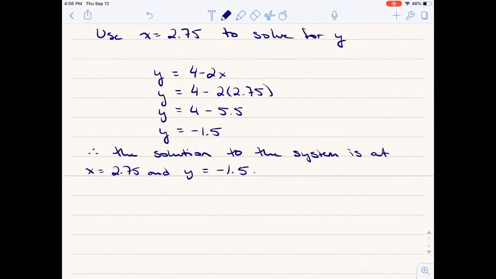Or in point form notation. So point, oh, now I'm drawing a blank what it's called. But anyways, the xy coordinates is 2.75 comma negative 1.5. The xy coordinates.